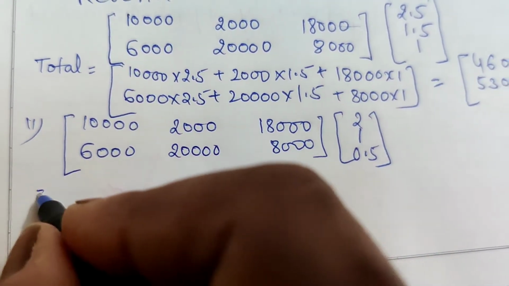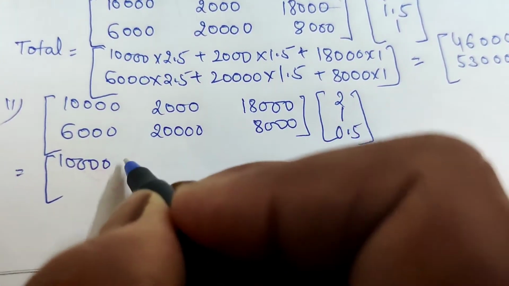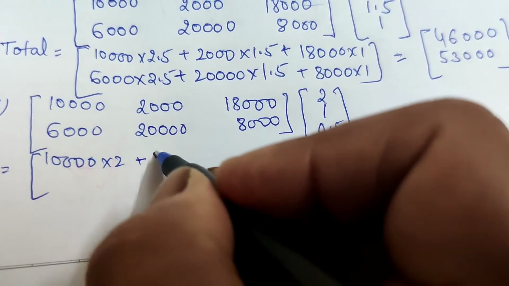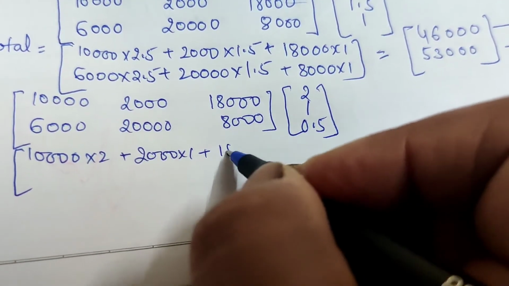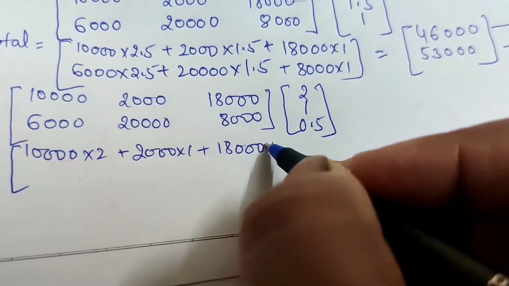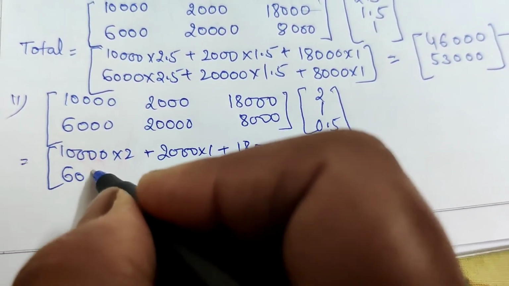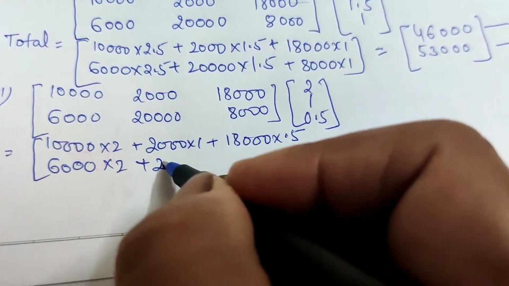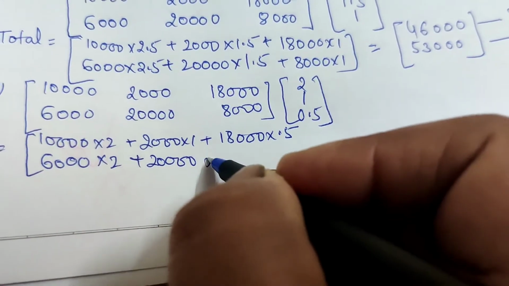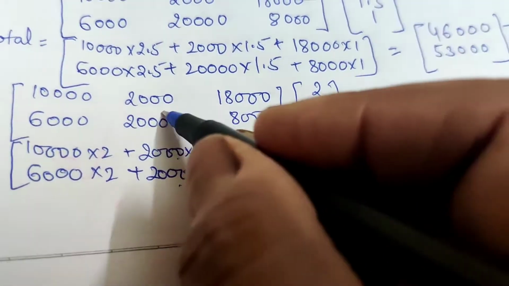Now the product, same, 10,000 into 2 plus 2,000 into 1 plus 18,000 into 0.5. In the second, 6,000 into 2 plus 20,000 into 1. Sorry, 2,000 into 1 and 20,000 into 1.